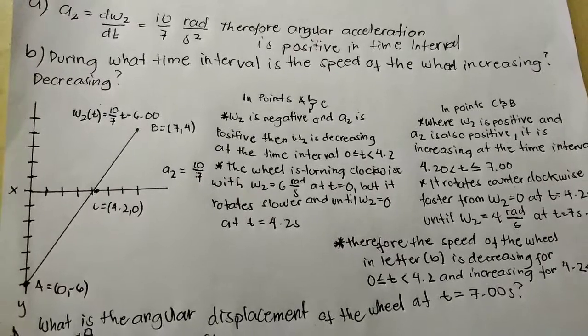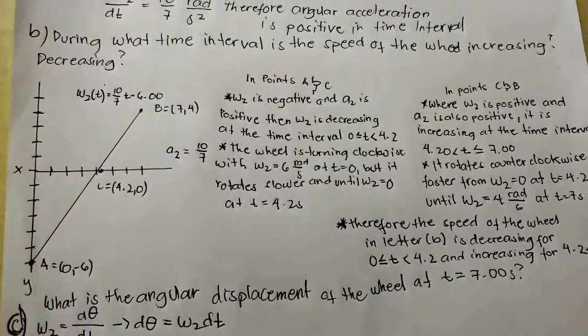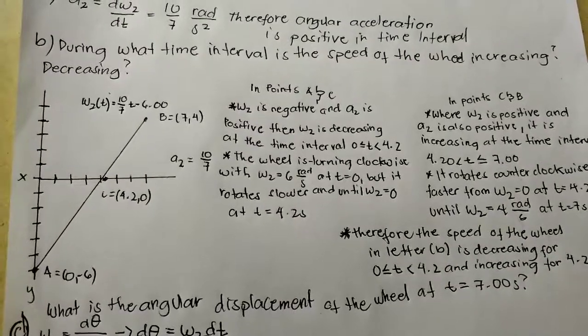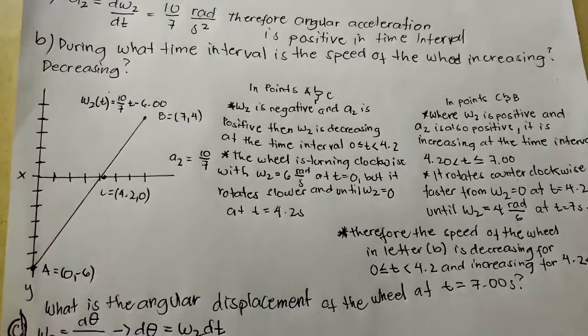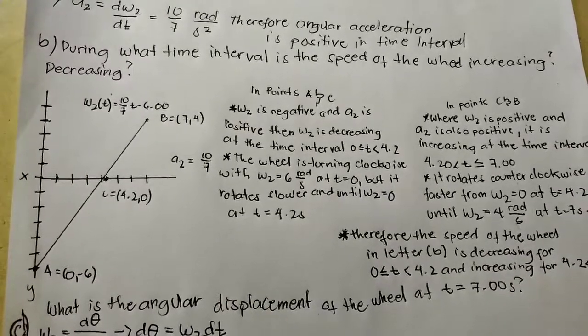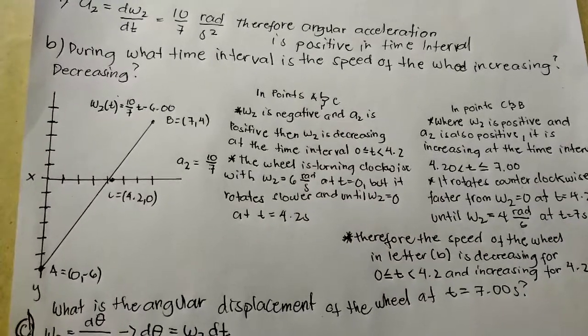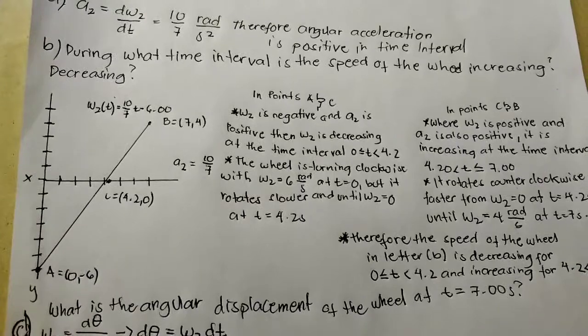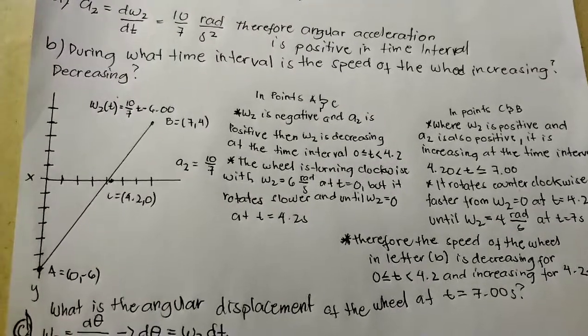The wheel is turning clockwise with angular velocity equal to 6 radians per second at time equal to 0. But it rotates slower until angular velocity is equal to 0 at time equal to 4.2 seconds.